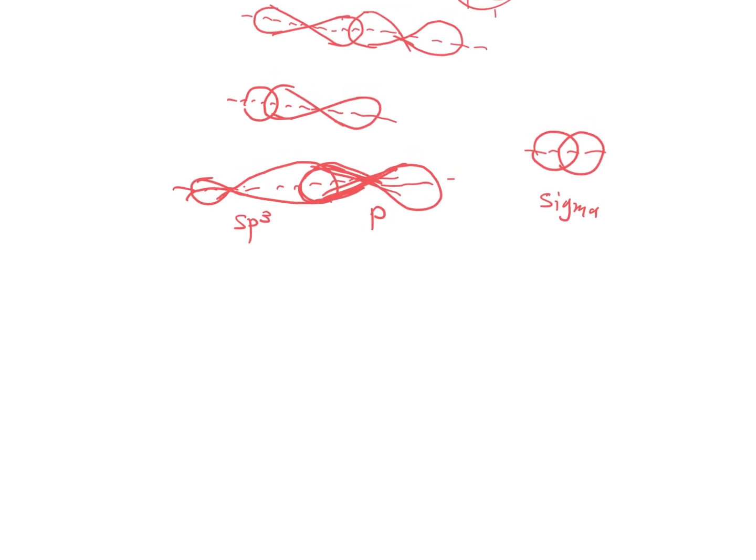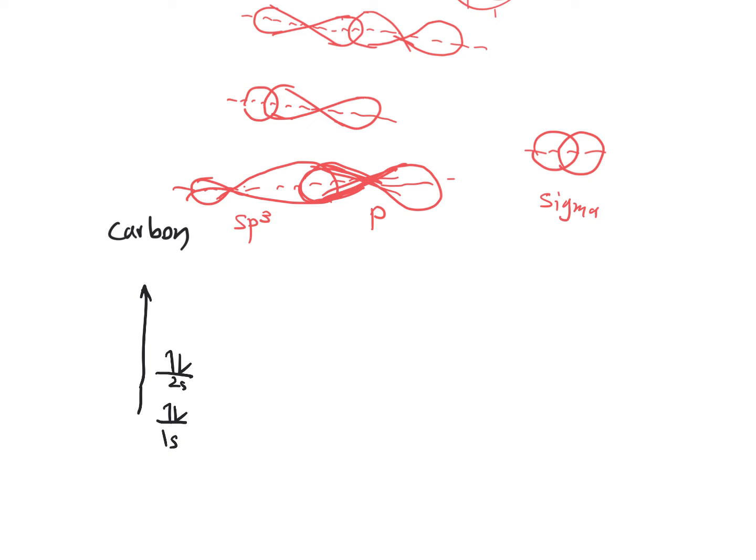The other thing is, okay, how do we get sp3 or sp2? So if you write an energy diagram, for instance, for carbon, right? Carbon has 6 electrons total. And remember that first we fill 1s and we put 2 electrons, and then 2s, 2 electrons.